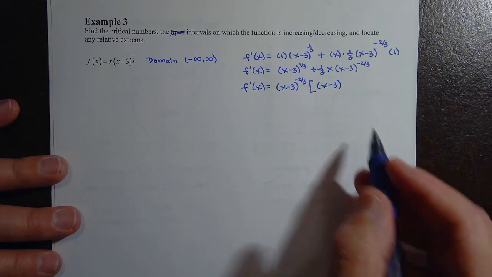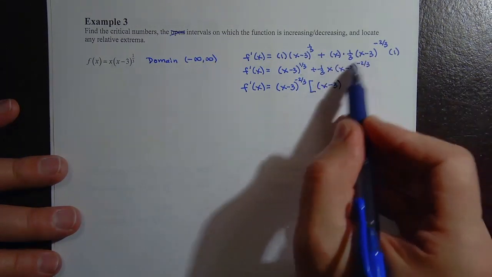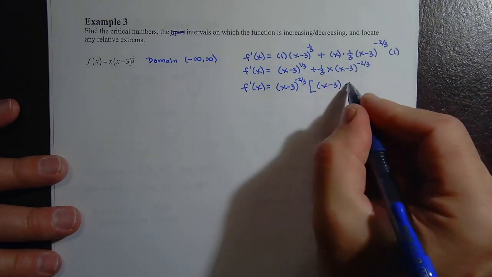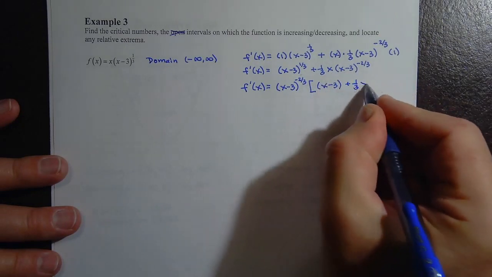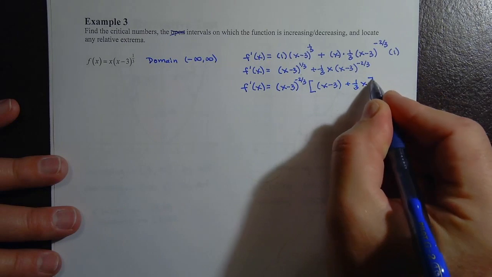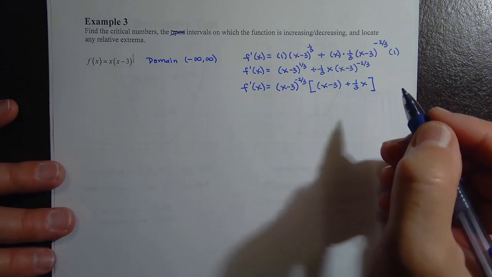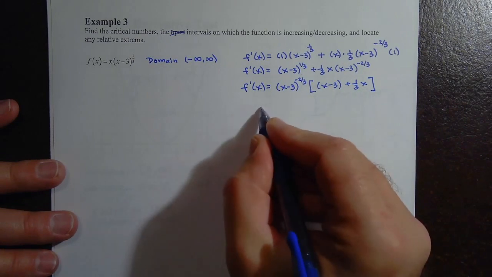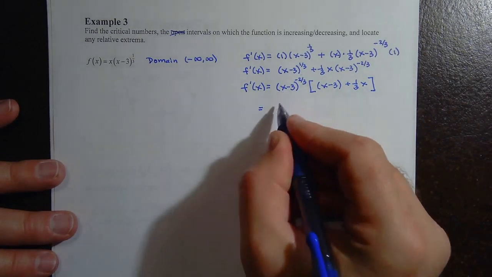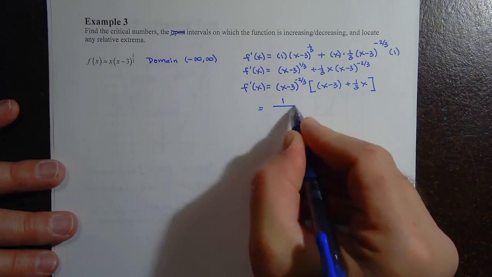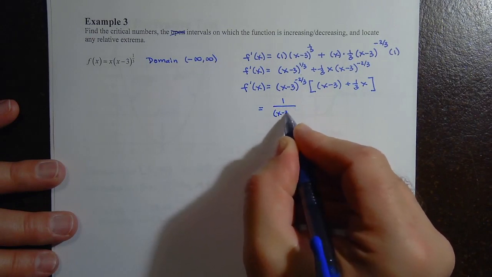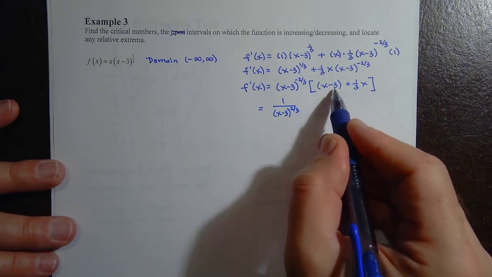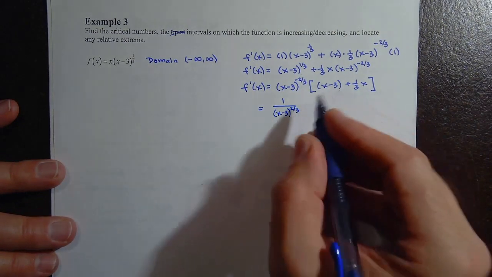And then we factored all of the other one out, so we're just left with plus 1/3 x, and this becomes 1 over (x minus 3) to the 2/3 power.